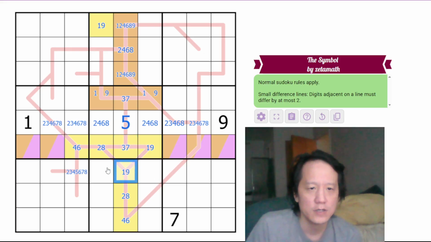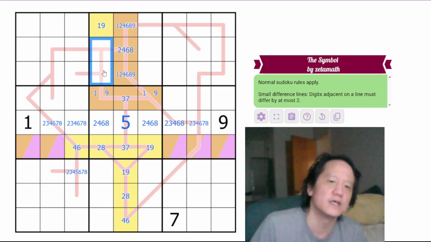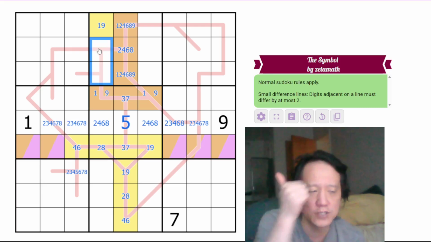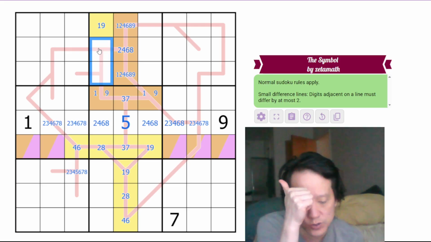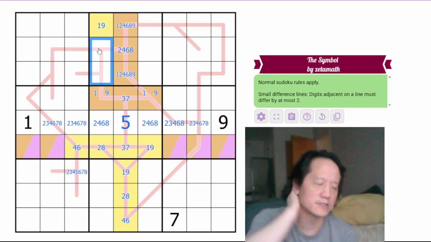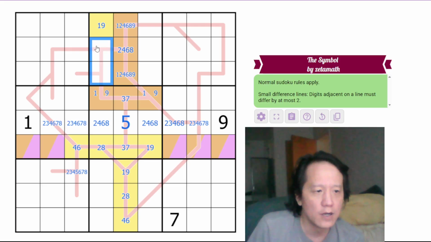Interesting. Yellow 4, 6 cannot be here. Yellow 4, 6 could be here. Where's the yellow 3, 7? Can it be either of these? Yellow 3, 7 cannot be next to the orange 4, 6. Right? 3 cannot be next to 6. 4 cannot be next to 7. So neither of these can be the yellow 3, 7.